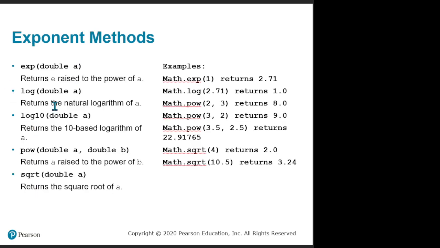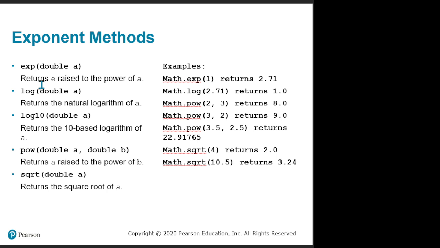We also have exponential methods. So exp is e raised to the power of whatever the double is in there. And this would be similar to your calculators, which have a log and an ln button. And then if you shift and hit the second key for them, you'll get e to the power or 10 to the power.